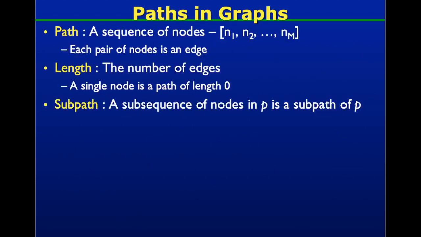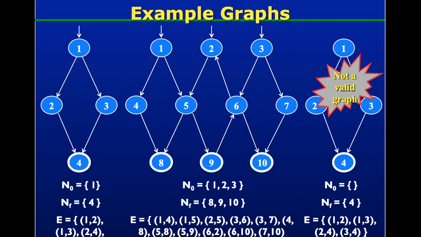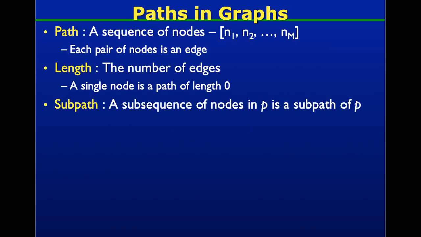Let's move on. A path is a sequence of nodes. From the previous graph, you can have a sequence of nodes such as 1, 4 or 1, 3, 4 for graph 1. That is called a path. The length of a path is the number of edges it has.